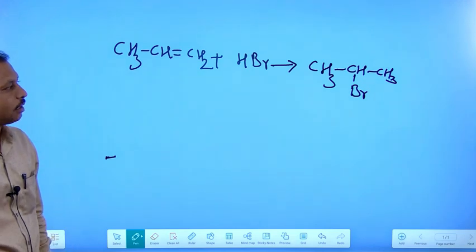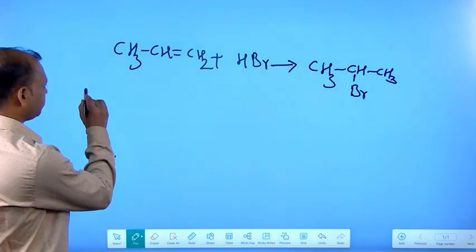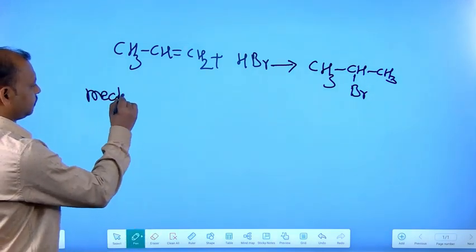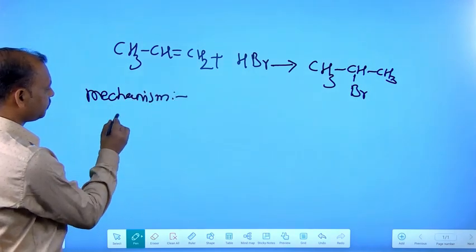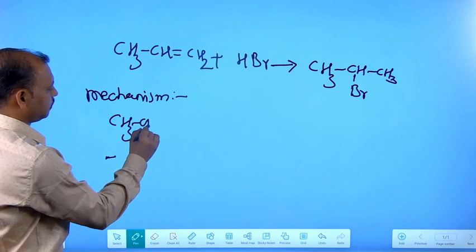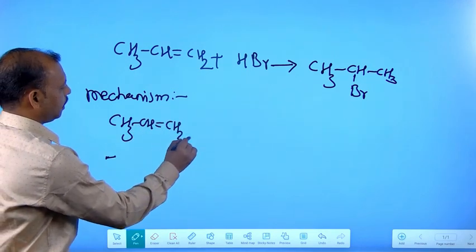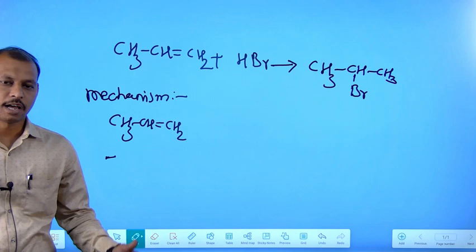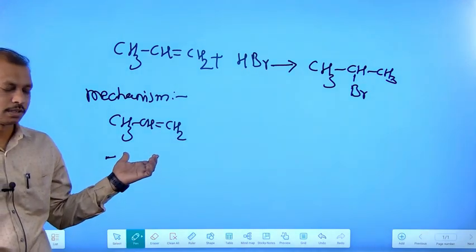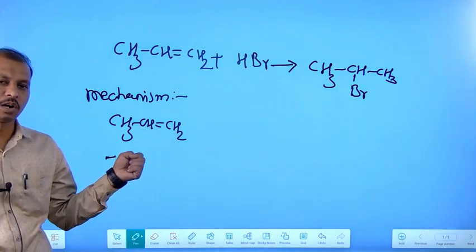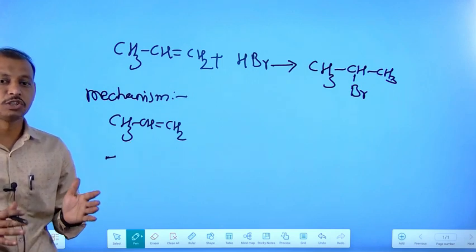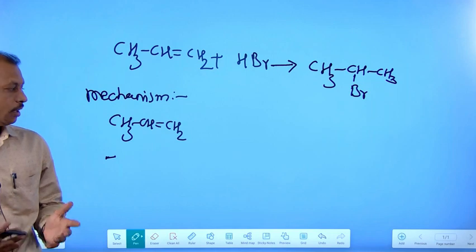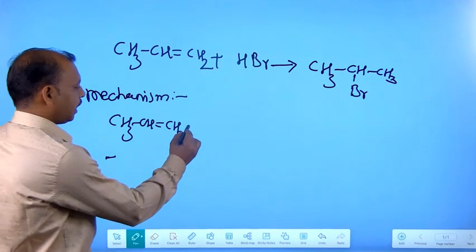We have to see the mechanism for this. As we know, the carbon-carbon double bond has a pi bond, and because of that the electron density around the double bond is higher. Therefore, it can act as a nucleophile because it is rich in electrons.